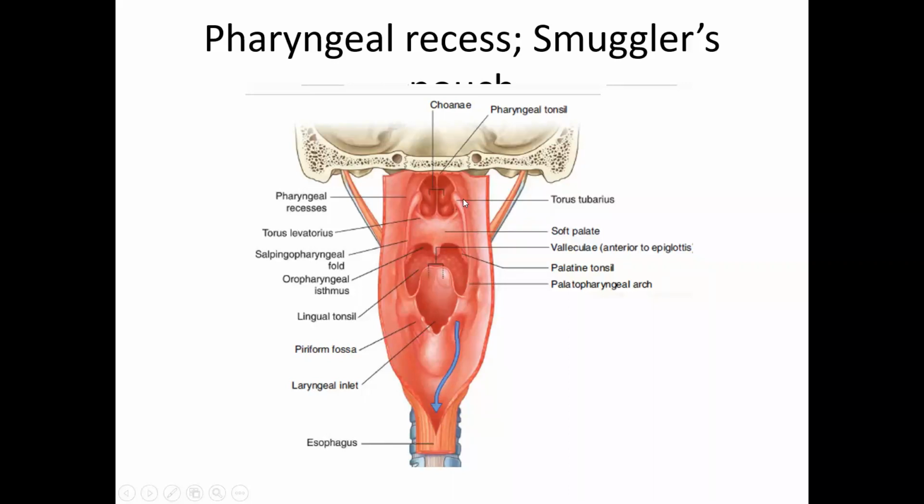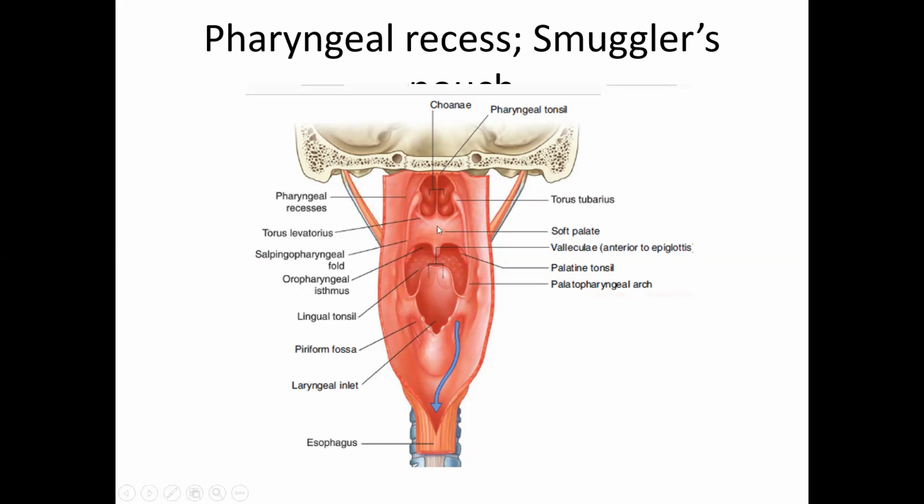Posterolaterally to the torus tubarius is the pharyngeal recess of Rosenmuller. The pharyngeal recess of Rosenmuller is a very thin part of the superior constrictor. When pierced, it will damage the internal carotid artery, which lies immediately deep to the pharyngeal recess.